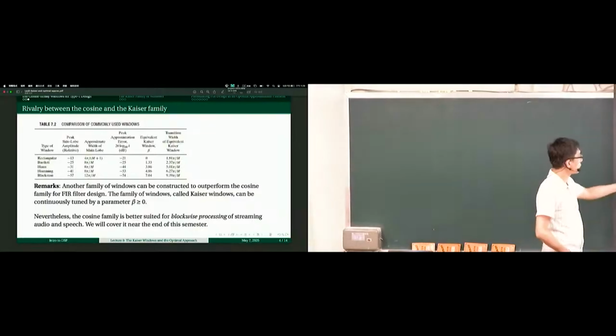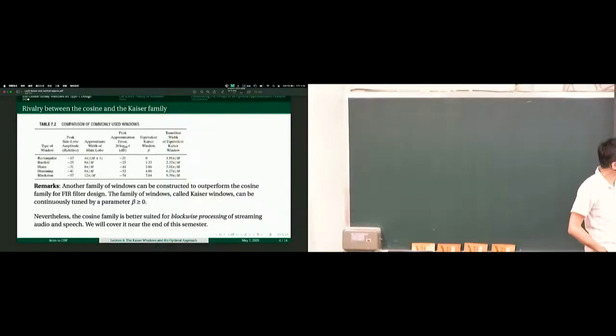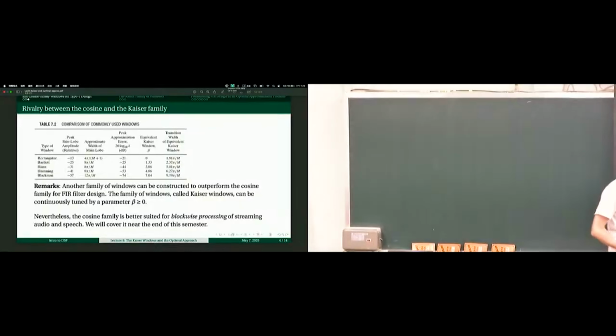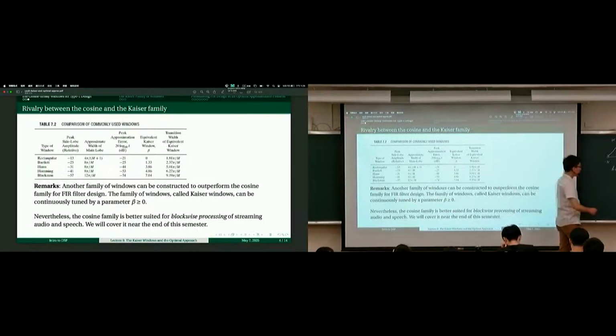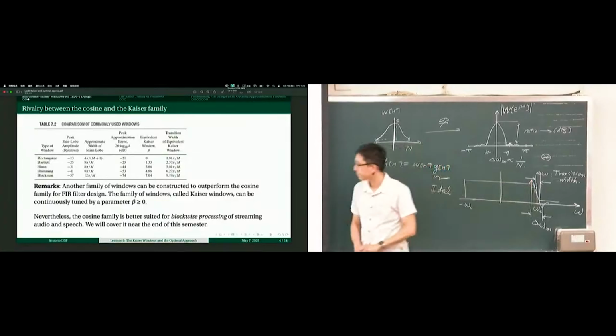As I said, the peak side lobe amplitude relates to this delta, the peak approximation error after you finish your design. So that's delta right here. This small bump right here, 这个凸起来的地方, is delta.